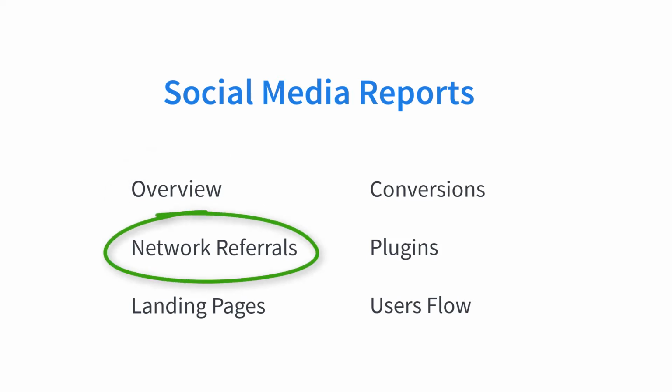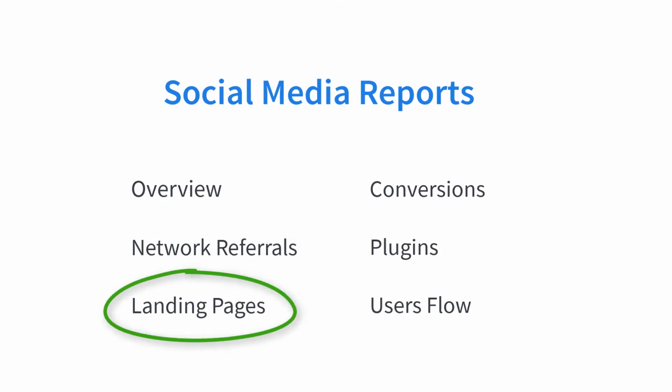The network referrals report shows you which social networks are the most popular sources your audience uses to access your website. It's a nice report because it combines the traffic by source regardless of the medium. So organic Facebook traffic can be combined with paid Facebook traffic.